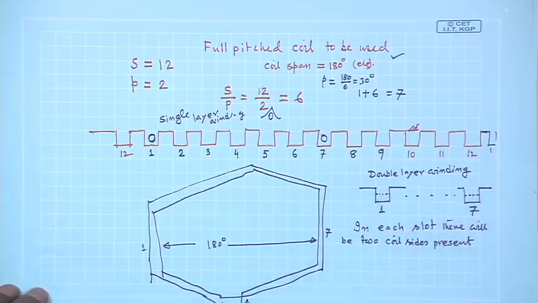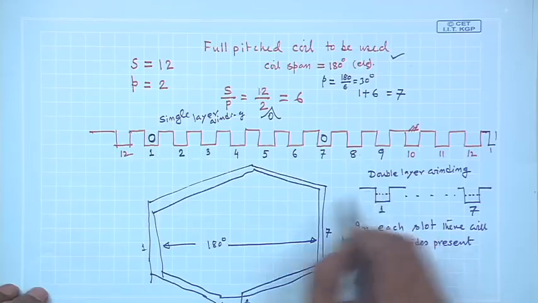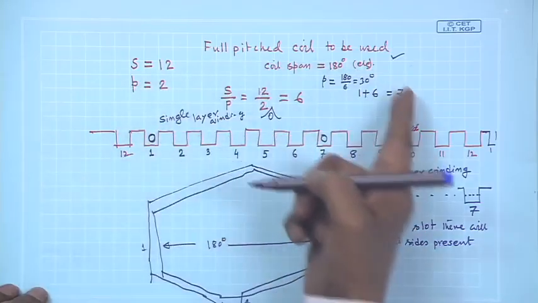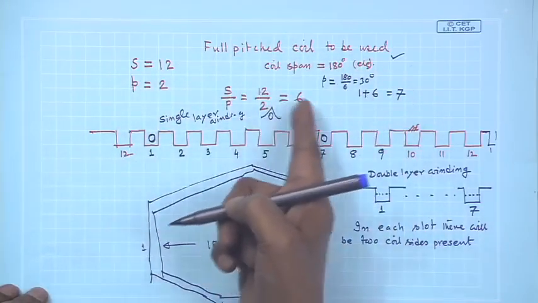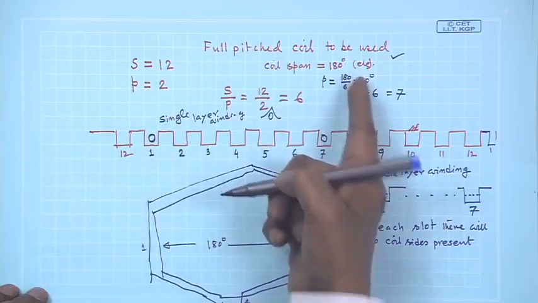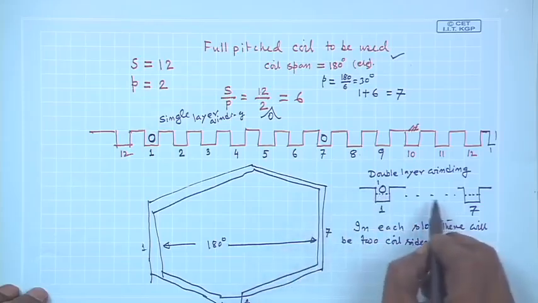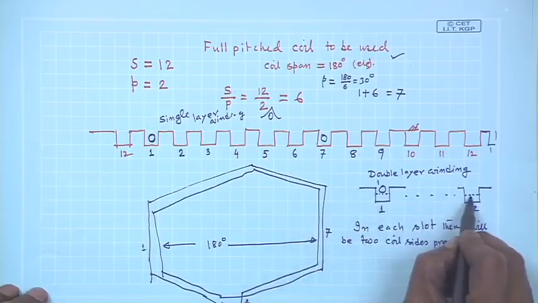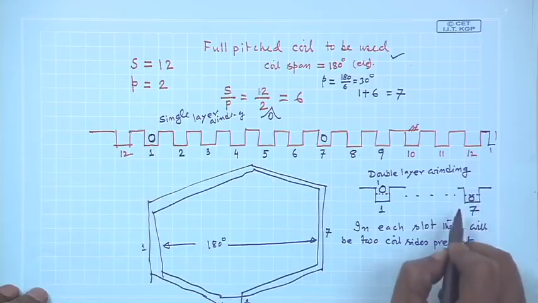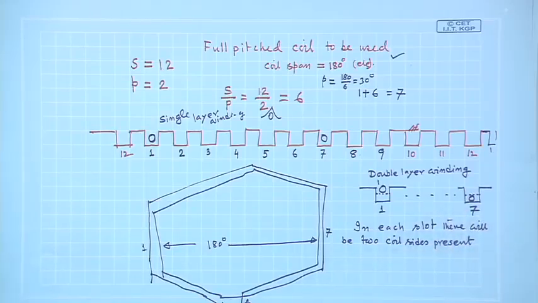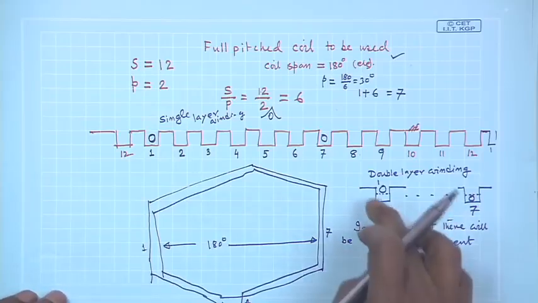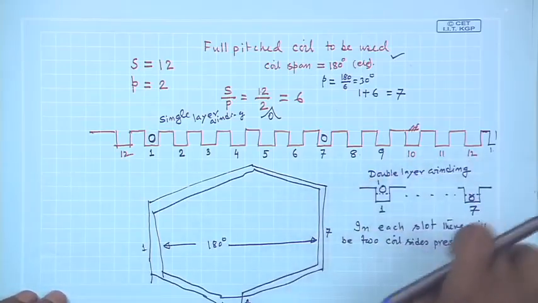For example, if I want to make a double layer winding of this, I will place one coil side here and its return I will place here. Understood? This is how my winding will progress.